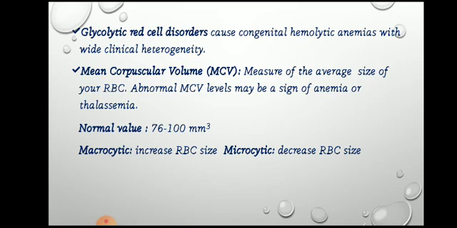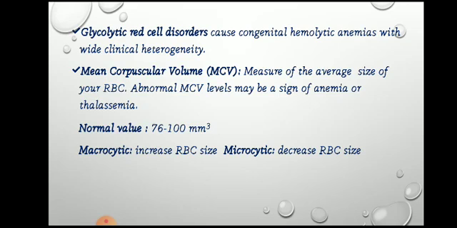Then one more is mean corpuscular volume, MCV, which measures the average size of RBCs. It is said that abnormal MCV levels are an indication of anemia or thalassemia.